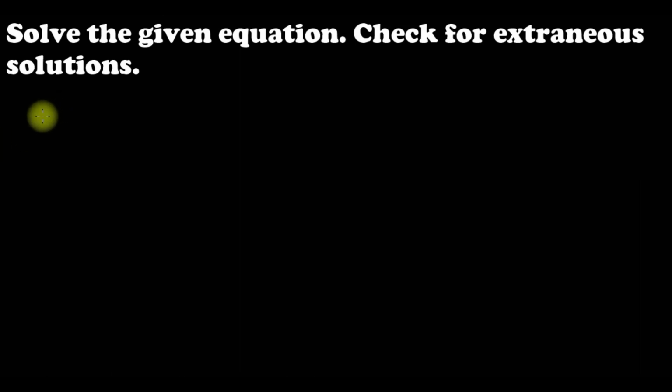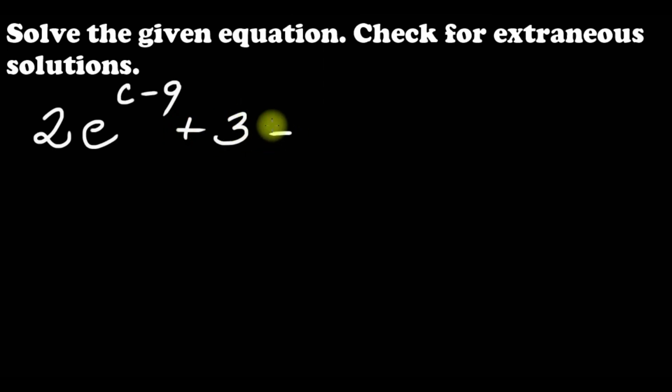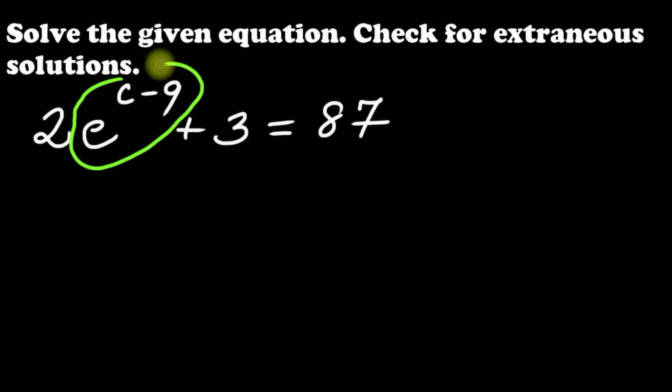Okay, so the next one we have 2e to the c minus 9 plus 3 is 87. We're going to solve for c. So the first thing I need to do here is to isolate the exponential expression. So first I need to minus 3.